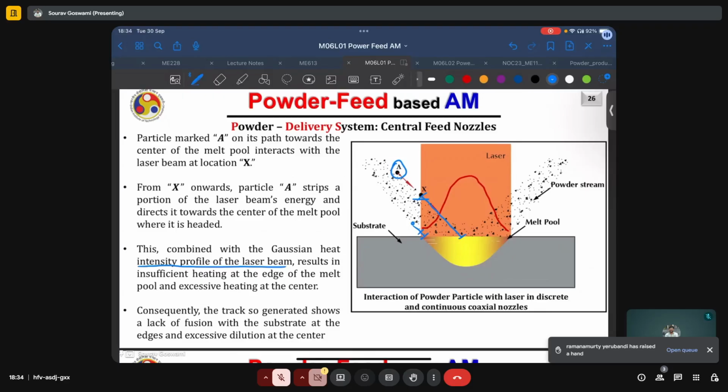And so the net effect is that you have an excess amount of energy in the center and a low amount of energy at the edges. What this leads to is insufficient heating at the edge and excessive heating at the center, which gives us this typical melt pool profile, deep in the center and shallow at the edges. Consequently, the track so generated shows a lack of fusion with the substrate at the edges and excessive dilution at the center.